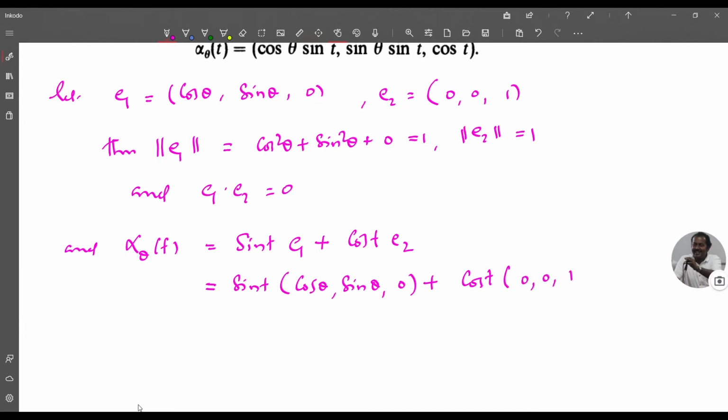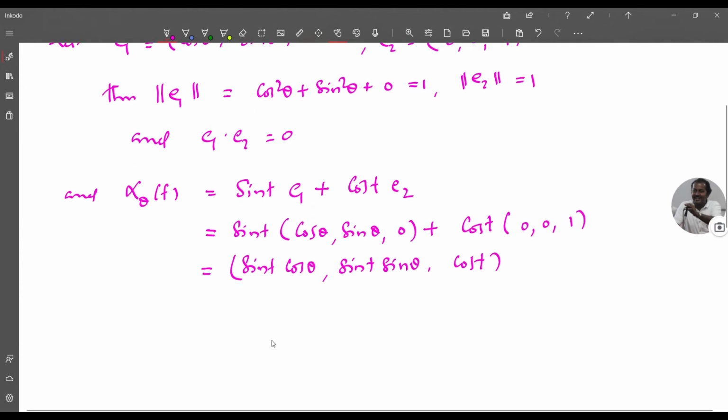So this is equal to (sin t cos theta, sin t sin theta, cos t). So alpha theta of t can be written as sin t E1 plus cos t E2. You know that this is a great circle on the sphere from our previous example.